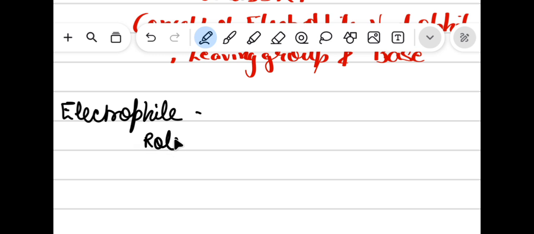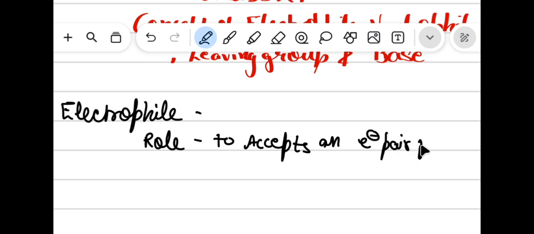The role of an electrophile is to accept an electron pair from a nucleophile.